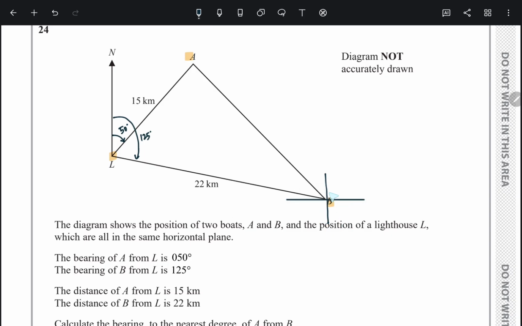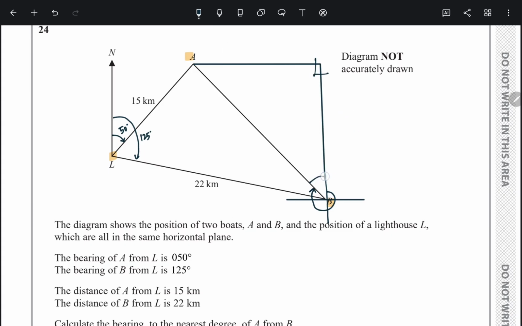the bearing is going to be from the north up to A, so I have to find this angle. So that's going to be some 270 plus some angle. To find the angle here, we can draw a right angle triangle here, and that's going to be 90 degrees.